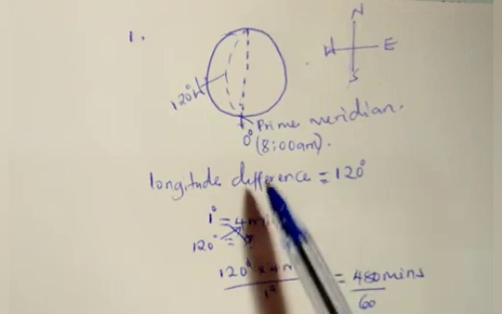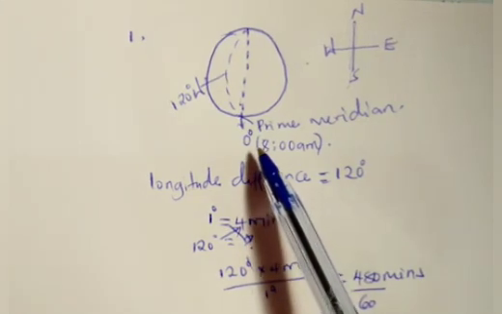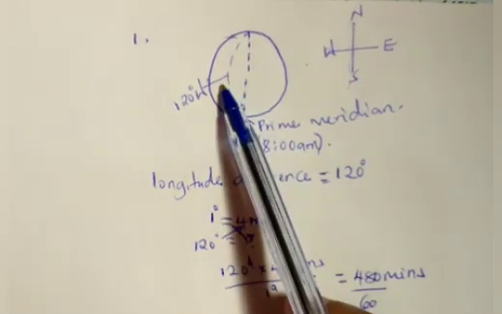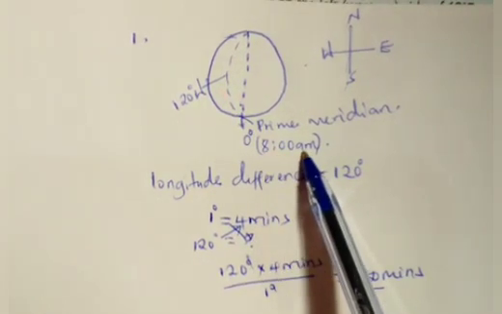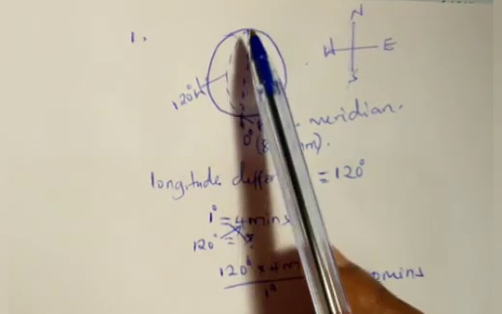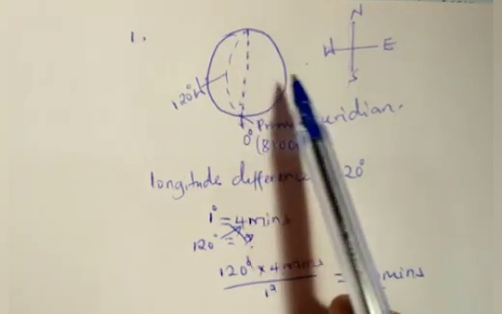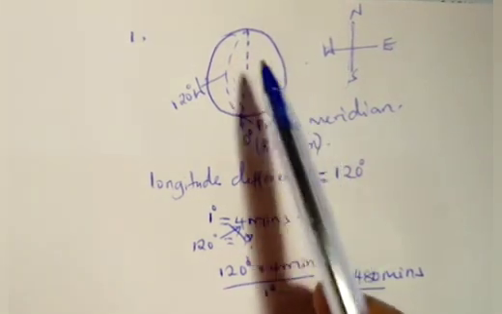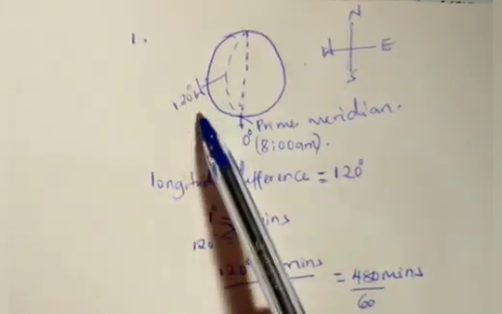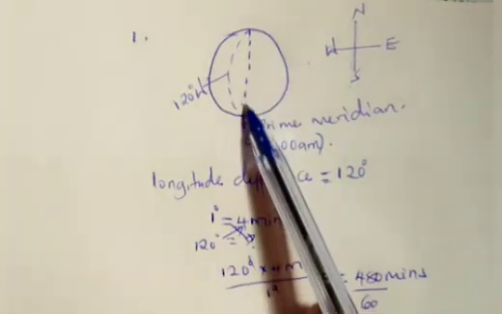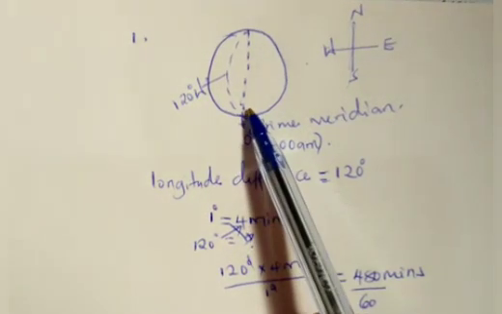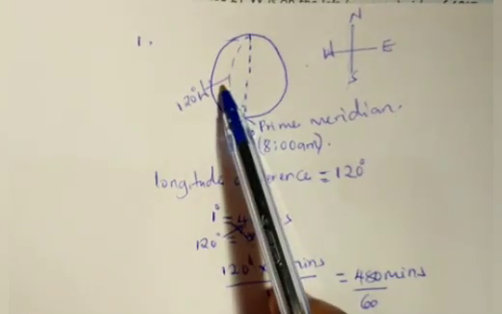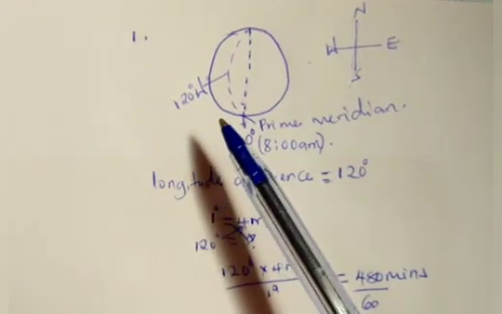So comparing this 8 a.m. and the time at this point, we expect this 8 a.m. to be ahead because the prime meridian is on the eastern side of 120 degrees west. So the sun reached this point before the point at 120 degrees west, that longitude.